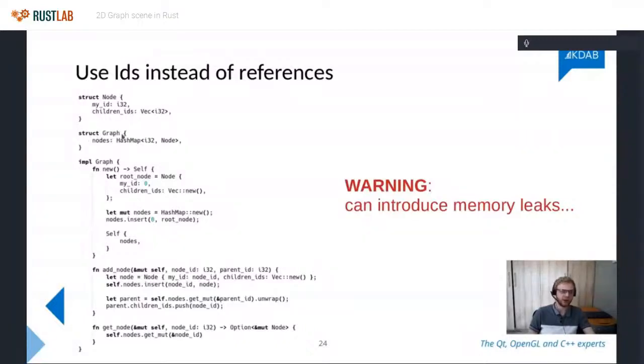And then the graph becomes just a hash map which maps IDs to nodes. So whenever you need to talk to a node, you just convert the ID into a reference temporarily, essentially. And that's where the magic comes in. You just keep this reference alive for a short moment, but the long-term thing which is maintained is just IDs, and the borrow checker is very happy with this.